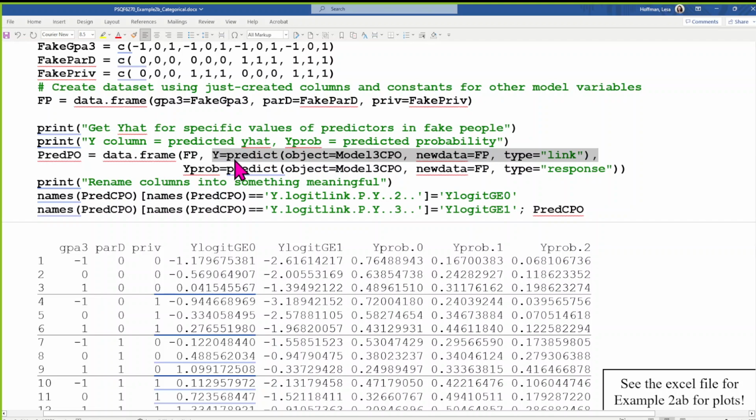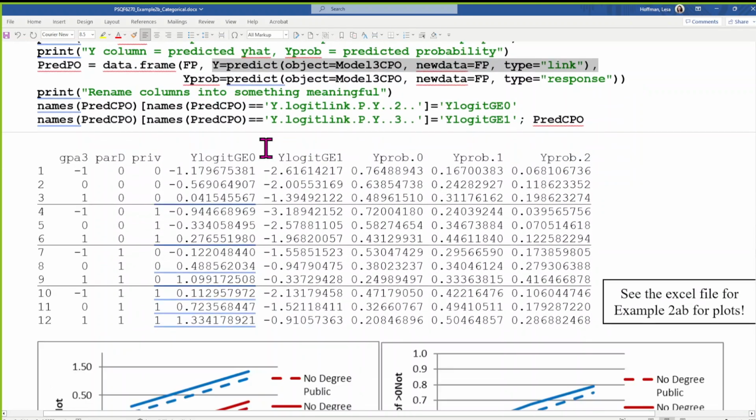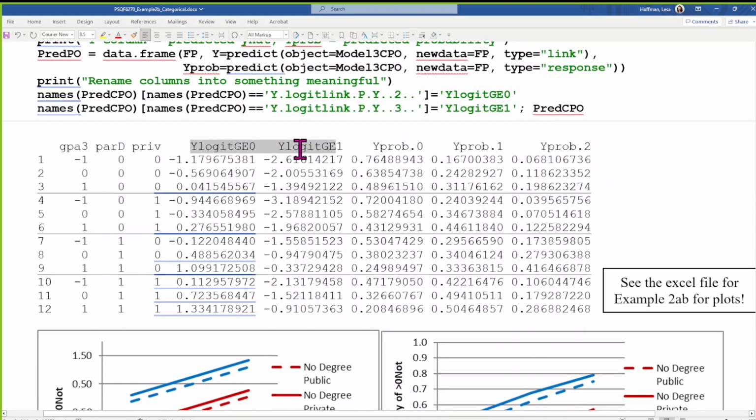The end result, though, is not going to be just 1 column, because the model gives me the predicted probability for every single possible answer category. So the end result down here is logit for greater than or equal to 0. That can't be right.